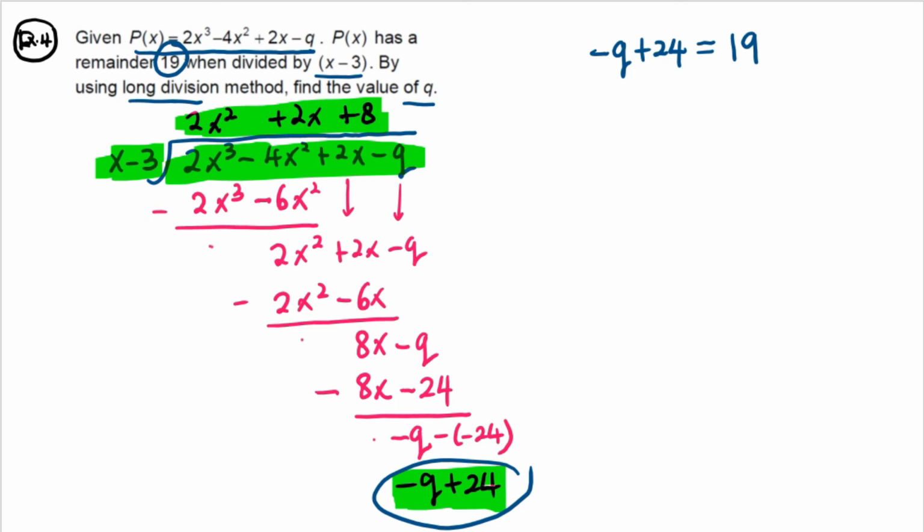So we have to solve this linear equation to find the value for q. We have negative q equal to 19 minus 24. I have negative q equal to negative 5, therefore q is equal to 5. All right, so we solved this problem, and we are done.